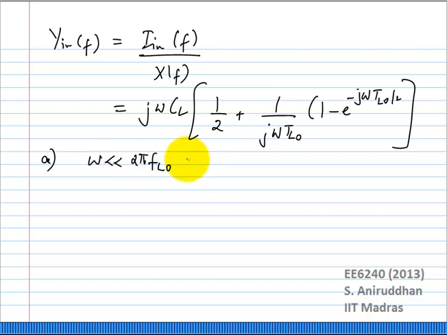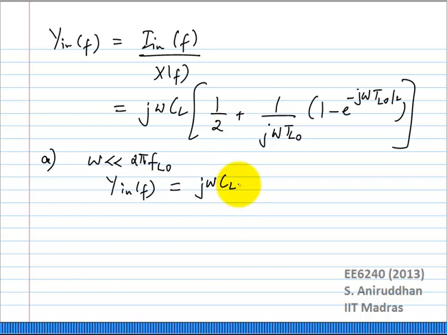Let us say omega was much smaller than 2 pi f_LO. Zn of f, or Yn of f, reduces to what? It just ends up being j omega C_L, because the first term becomes half and the second term also becomes half.